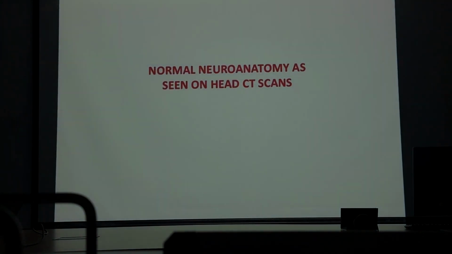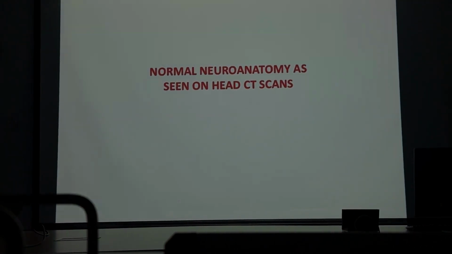Now we'll come to the neuroanatomy, the normal findings when interpreting the brain CT scan. To be honest, knowing the normal neuroanatomy as a radiologist or radiographer is the core of knowing the pathology.